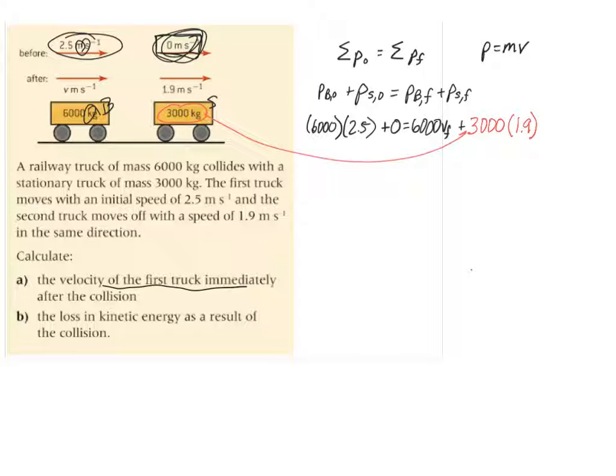And so at this point, we're ready to start working through and putting our numbers together. So 6,000 times 2.5 is going to give me 15,000 plus 0 equals 6,000 times the final velocity plus 3,000 times 1.9, which is 5,700.